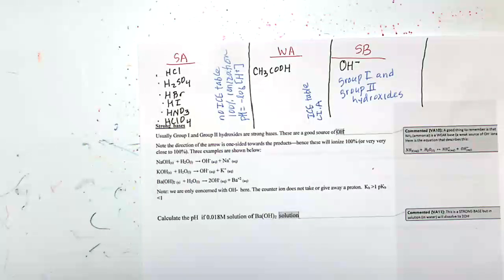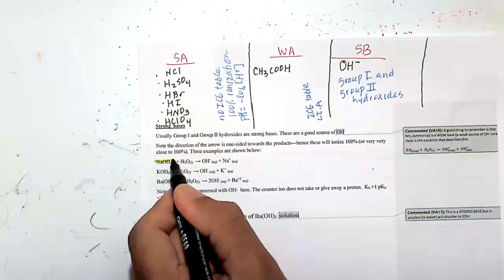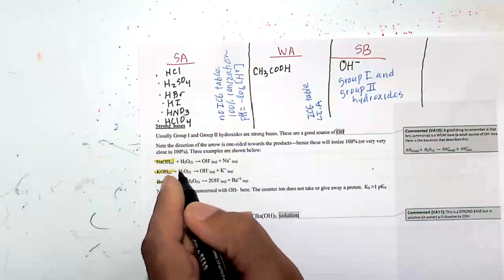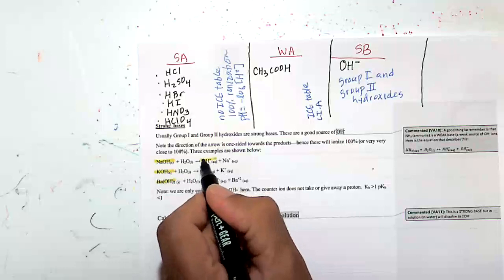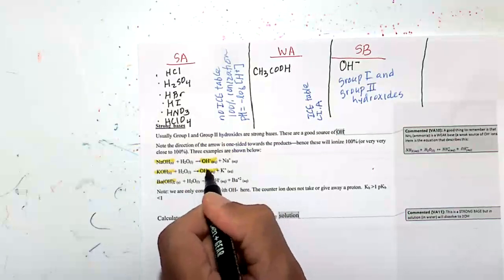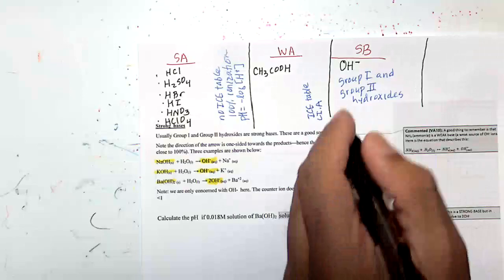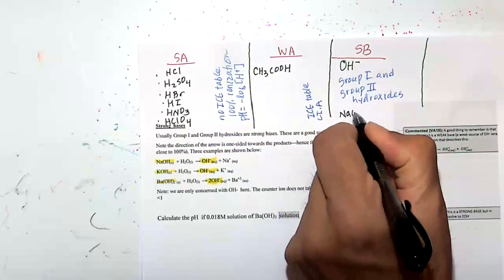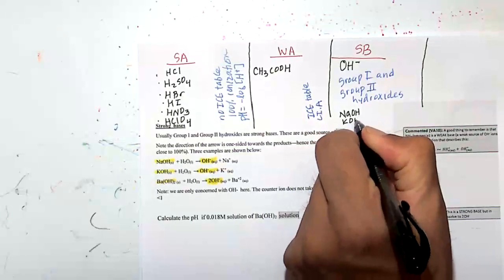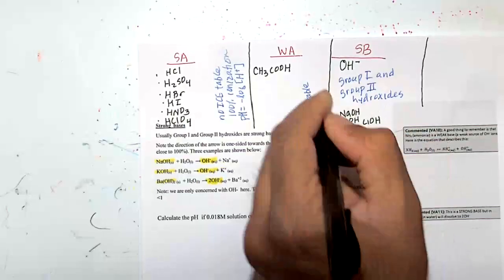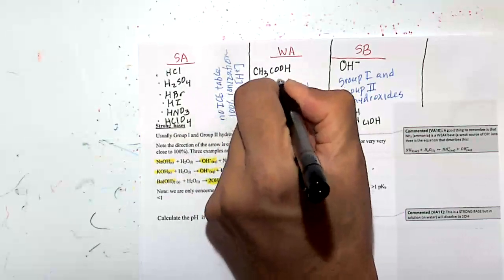Anything that gives you OH minus is a strong base, so here you're looking for the hydroxides. They in water give you hydroxide ion. So again, we're talking about NaOH, KOH. Okay, this is called acetic acid.